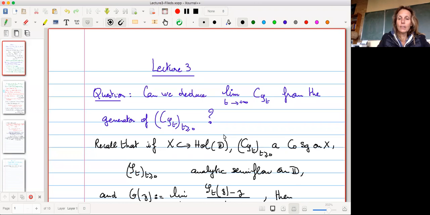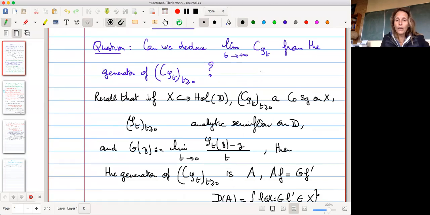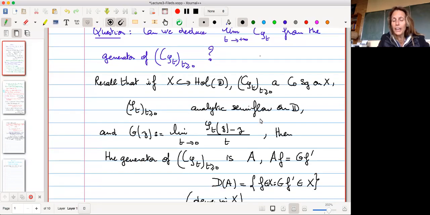So I remind you that we have an analytic semiflow on the open unit disk. Then we have a notion of generator for this semiflow, defined by G. G is the limit of this, and it happens that it's a holomorphic function on the open unit disk.